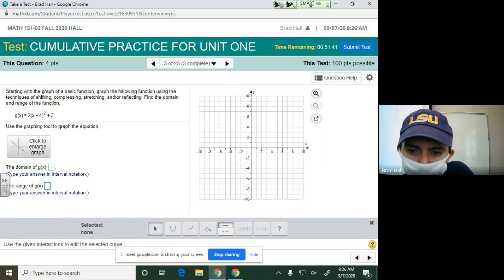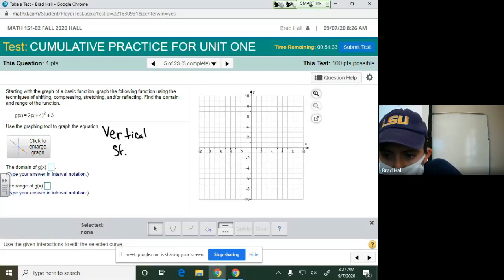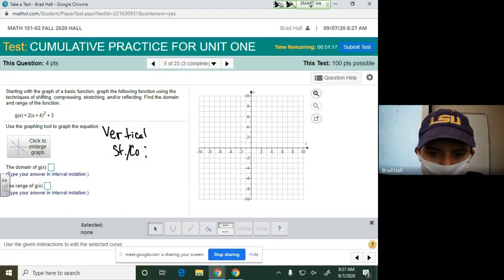I'll do this in a different color for each one just to emphasize what is where. So this is the vertical stretch or compression, and this comes from numbers that multiply the function. I think there's only one clear case of a number that multiplies the function.